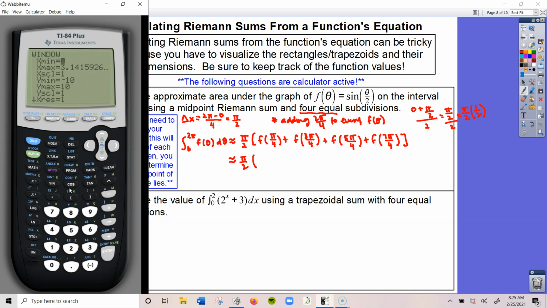Well, let's adjust the window from 0 to 2 pi. Now let's get those function values. So we go to second calc. I want my value of pi divided by 4, which is 0.3826. So that's my first value.